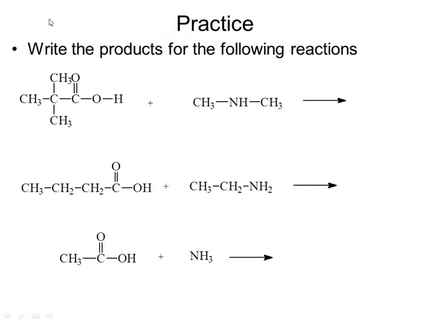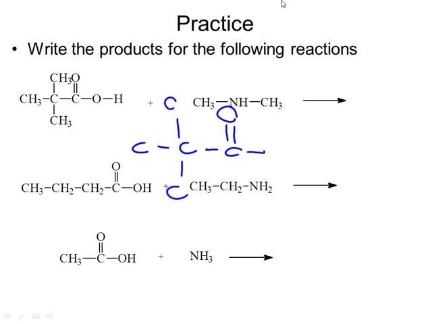So if we do this reaction, we try to predict these reactants. I'd like you to stop or pause the video and then try these. What you should get from this first one is you get carbon, carbon like this.